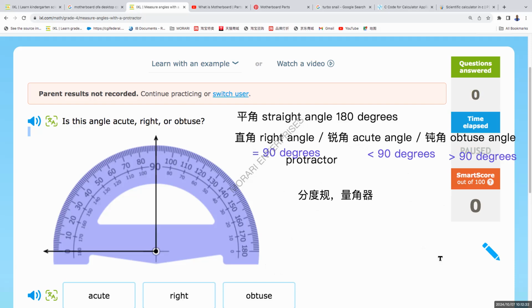Once you start to learn angles, you have to learn right angle, acute angle, obtuse angle, straight angle. You're going to see shapes that have angles. Triangles have 3 angles inside.